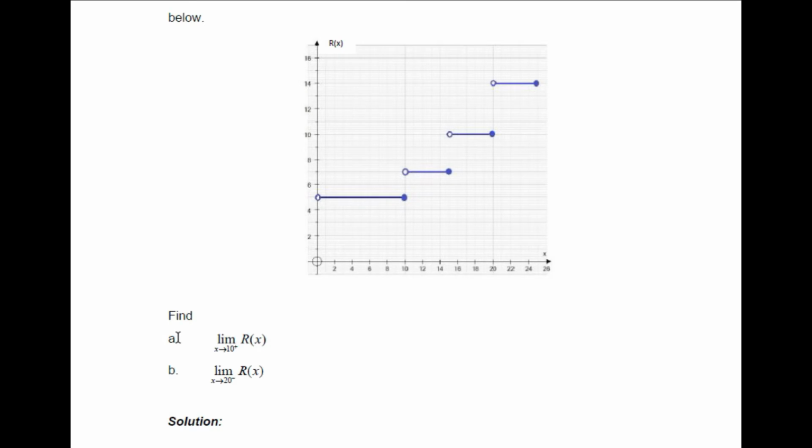So the question in part A needs us to find the limit of R(x) as x approaches 10 from the right. For part B, we need to find the limit of R(x) as x approaches 20 from the left.